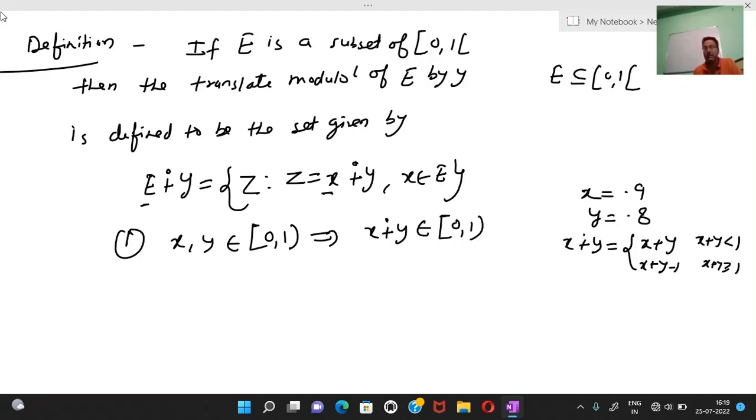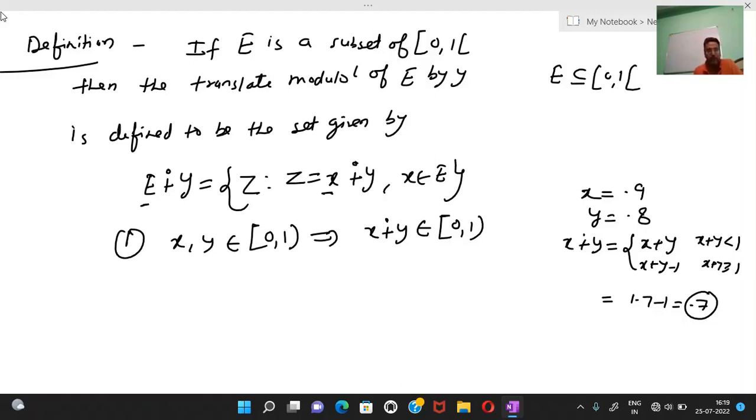When x is 0.9 and y is 0.8, the sum is 1.7. 1.7 is greater than 1, then the answer will be 1.7 minus 1, which is 0.7. So when x and y belong to [0, 1), x plus dot y always belongs to [0, 1). By this example we can verify this property.